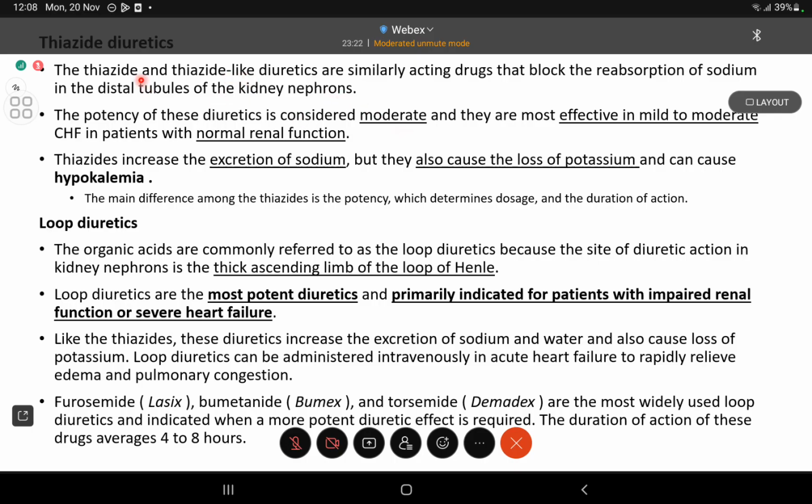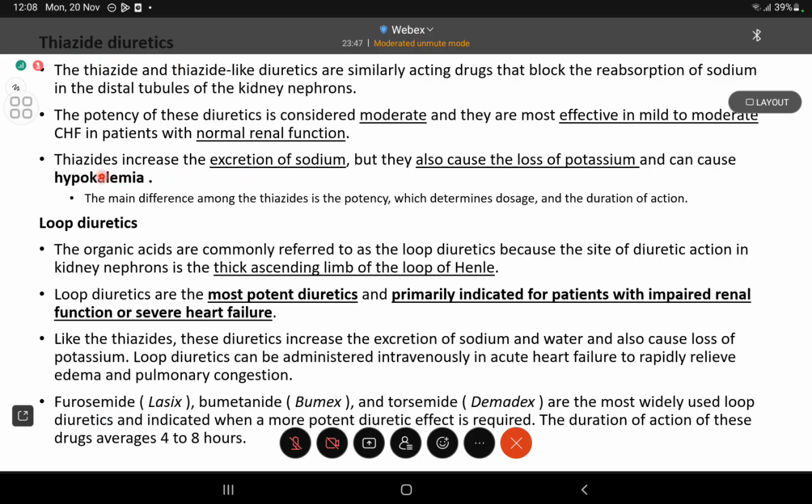So this thiazide diuretic is considered moderate and most effective in mild to moderate patients, not suitable for severe patients, with the condition of normal renal function. Without normal renal function, I think this drug might not be effective.